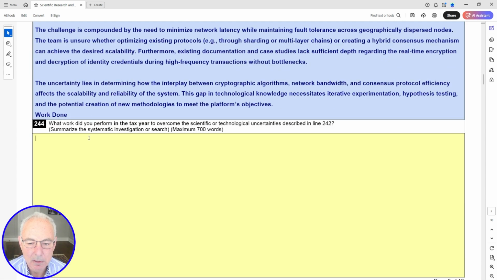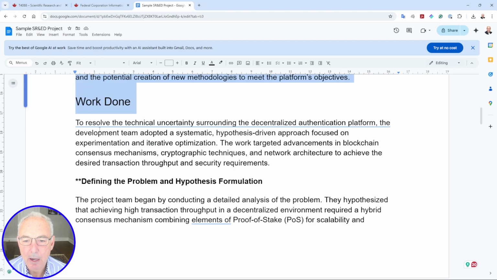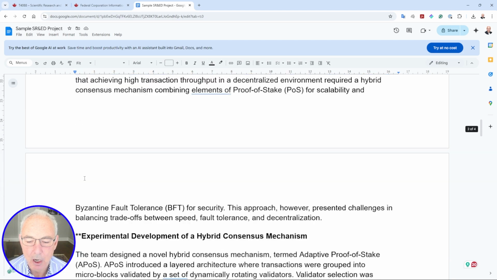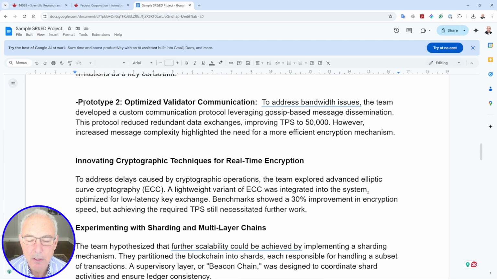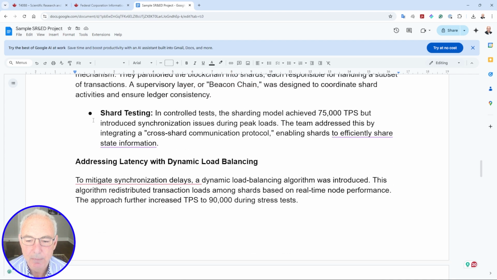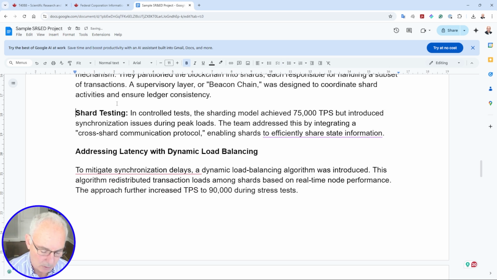I'll then go into the next section and go back to the work done. Now, you'll see here that for the formatting, I've put stars. Sometimes there's a little dash in order to show that it's a paragraph. If you have bullets, it won't work when you copy it over to your PDF.